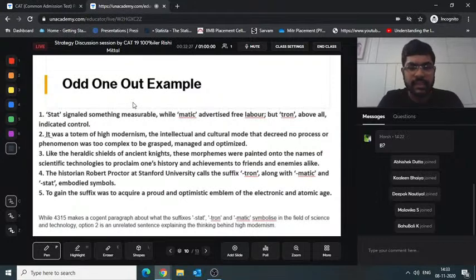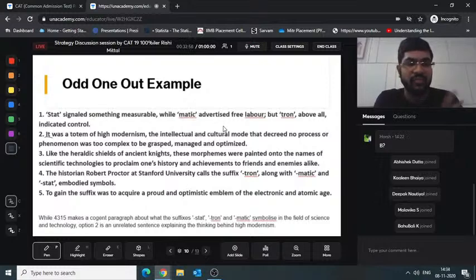Here I see "onto the names of scientific technologies to proclaim one's history." Let's first read all the sentences and try to make sense of it. The fourth sentence says that the historian Robert Proctor at Stanford University calls the suffix tron, along with matic and stat, embodied symbols. So I know in sentence one these particular suffixes are being talked about.